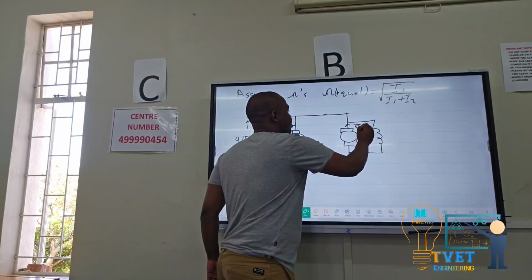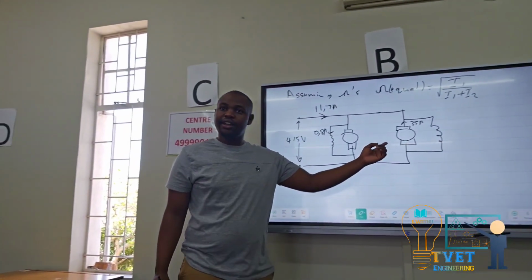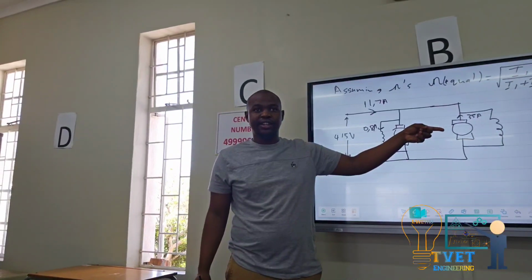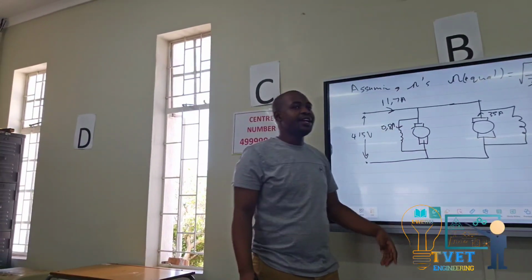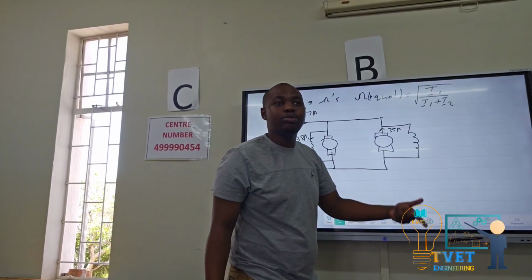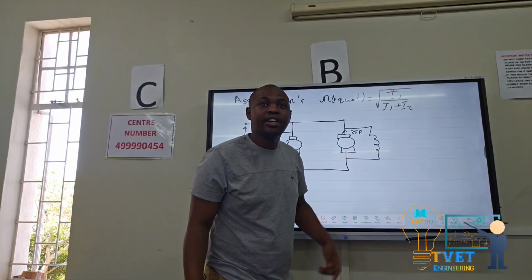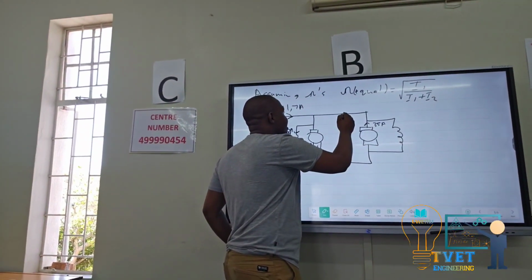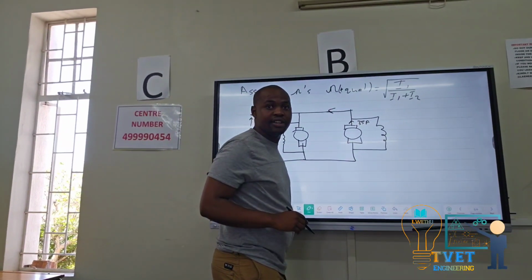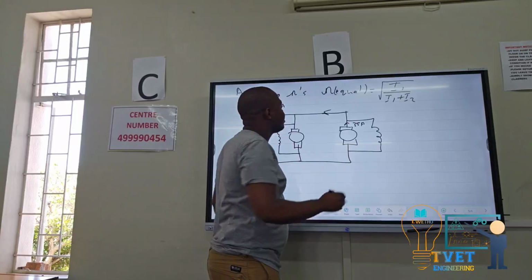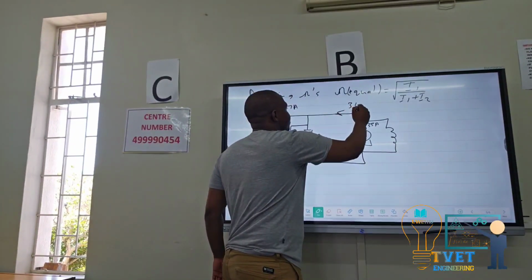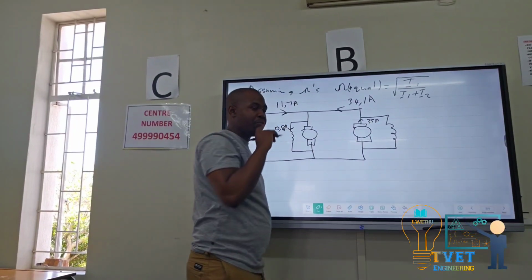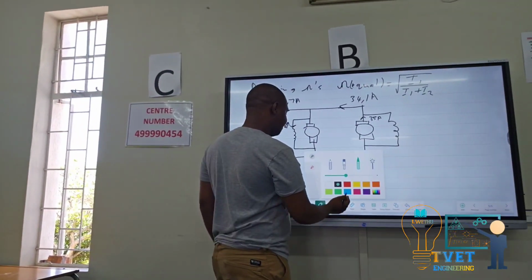Remember, current is flowing away from the generator. Then the output current is 34.1 amps. This is how we're labelling this.